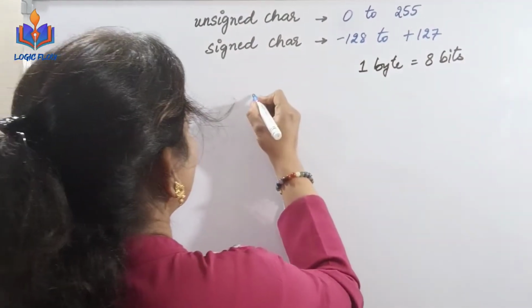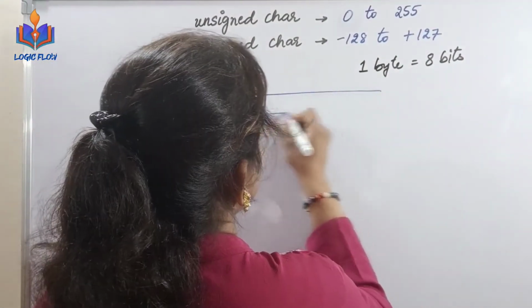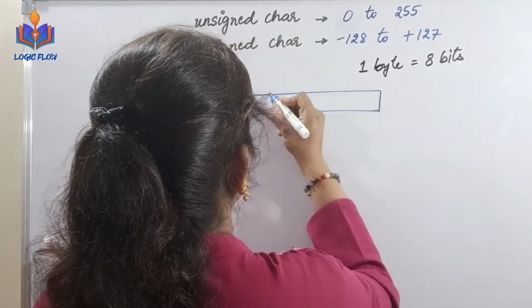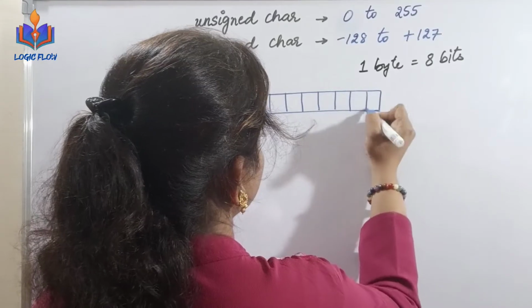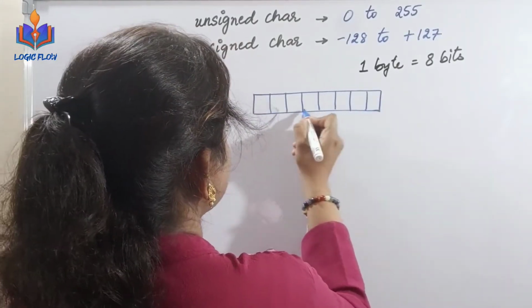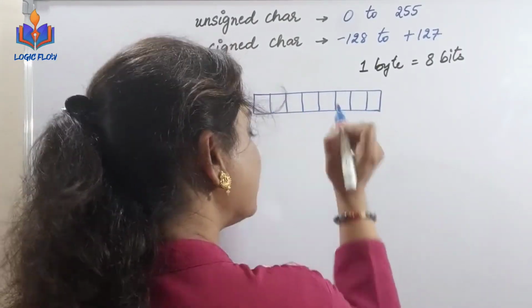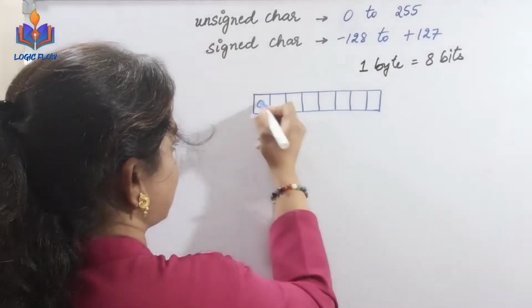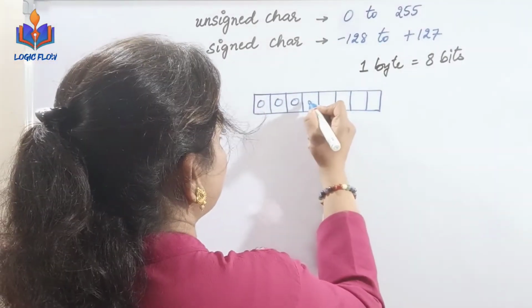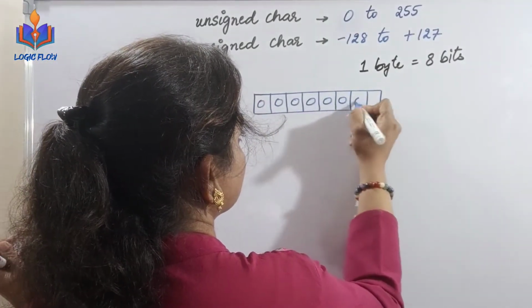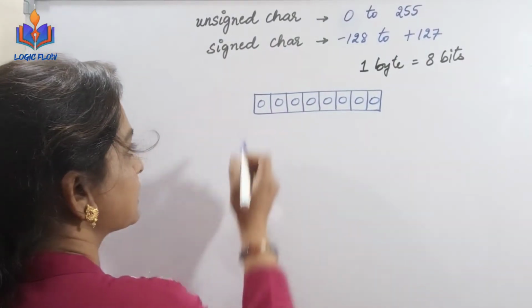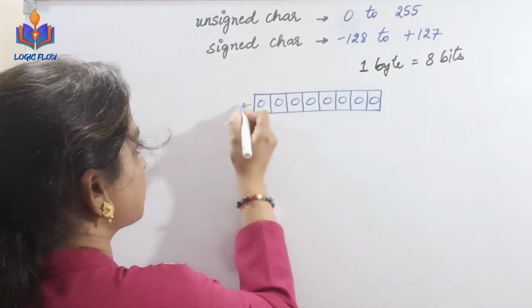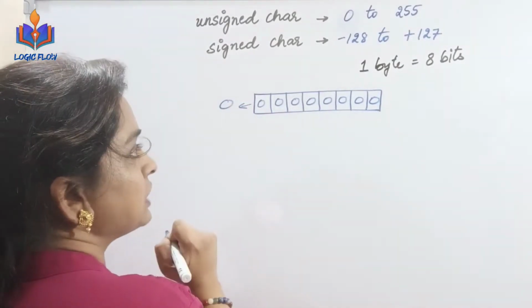So here, let me represent that 8-bit data. The least number, the minimum number with respect to binary representation is 0. So let me fill zeros in all the cells. This binary sequence corresponds to the decimal number 0.